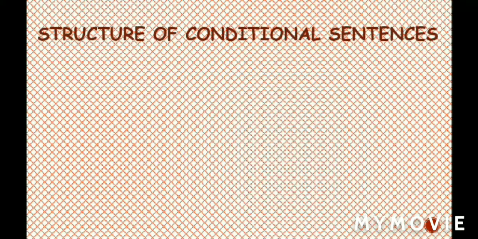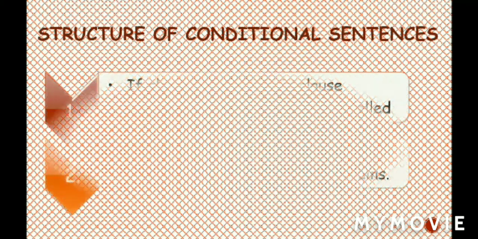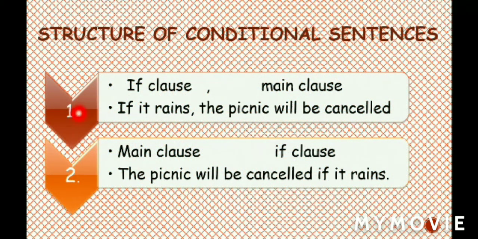Structure of conditional sentences. There are two ways in which conditional sentences are written. Number 1, if clause, comma, and then main clause. If we begin the sentence with the if clause, then we put a comma before the main clause.